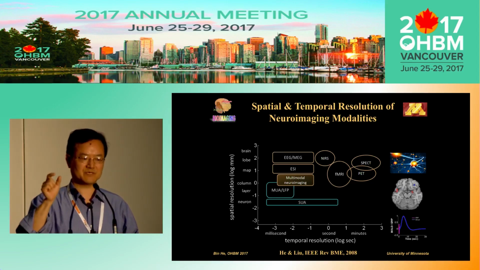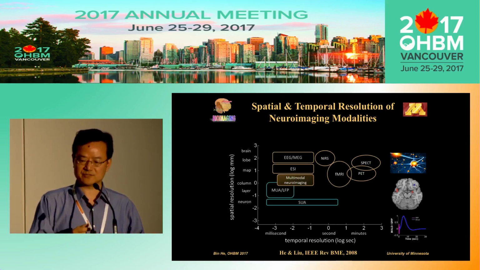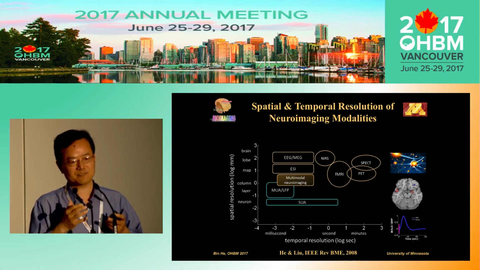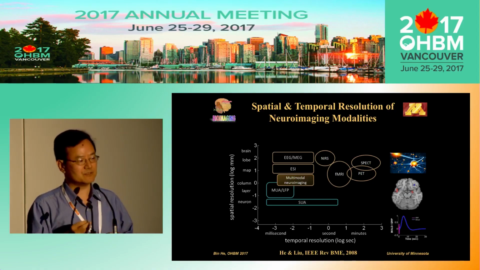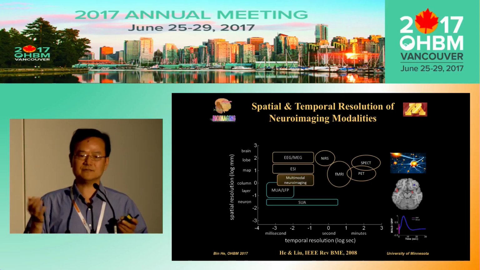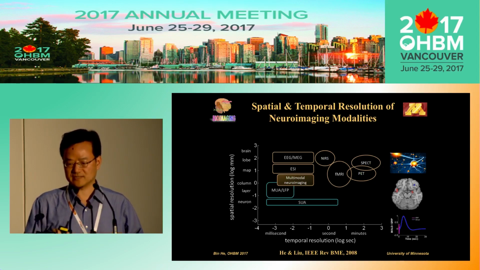That would be the spatial resolution. But if you solve the ESI, or electrophysiological source imaging, problem, which is the topic of this presentation, that can bring you to a much greater spatial resolution while enjoying the high temporal resolution. Certainly you could integrate with functional MRI to do multimodal imaging, but that is not the topic of today's presentation.